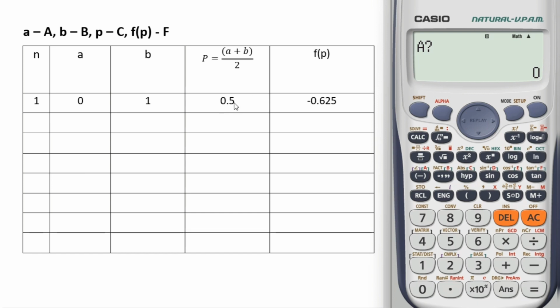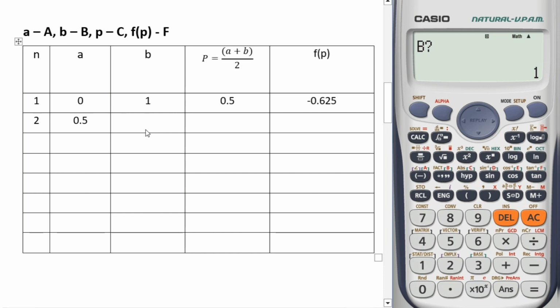So in the second iteration, A is equal to 0.5. We don't need to type 0.5; we can enter capital C here and click the equal button, and B is equal to 1, which does not change.